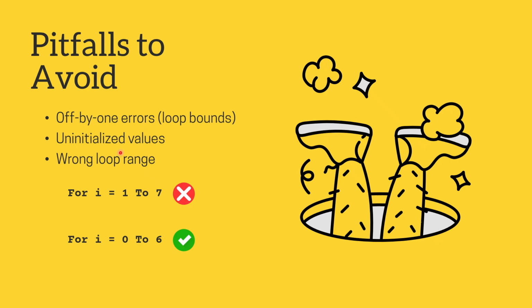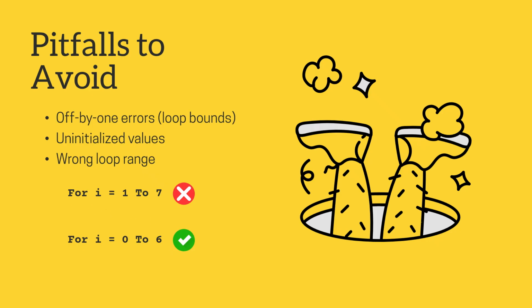So for instance, if we had an array that was 7, entering it like this, 1 to 7, would not be correct, but entering it 0 to 6 is correct. You know, the smallest adjustment is going to prevent a lot of runtime logic errors.